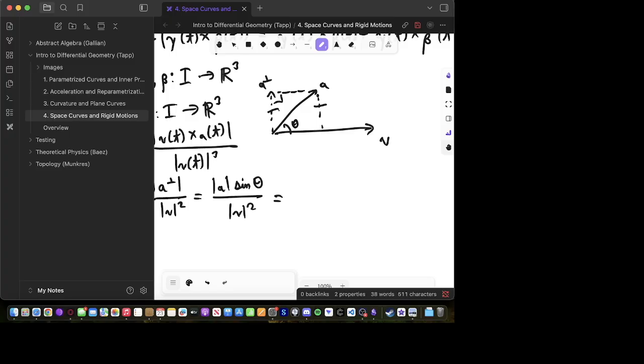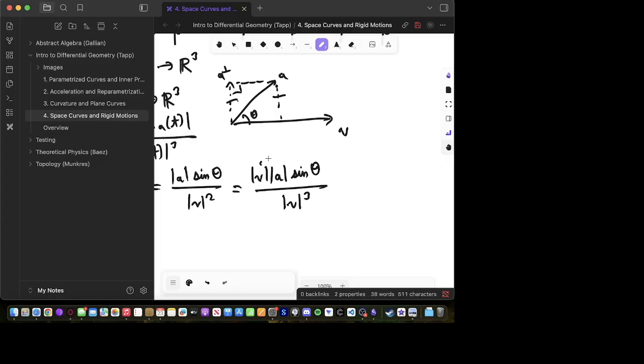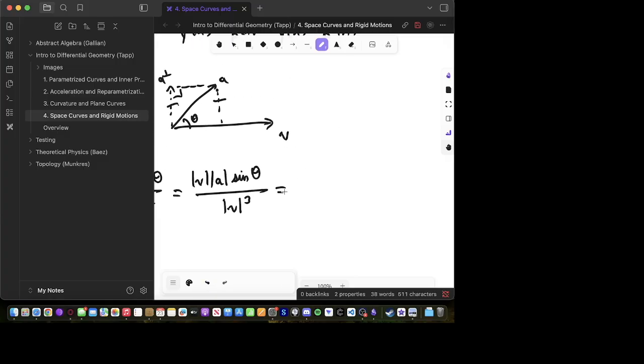And this becomes, if we multiply the numerator and denominator by the magnitude of v, then we get that. And this is the formula for the magnitude of the cross product. So v times a over v cubed.